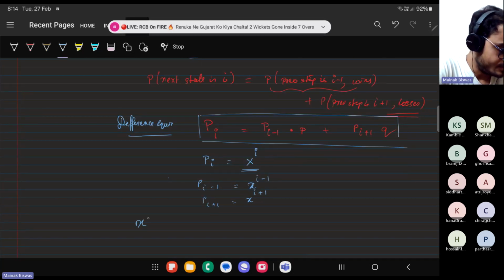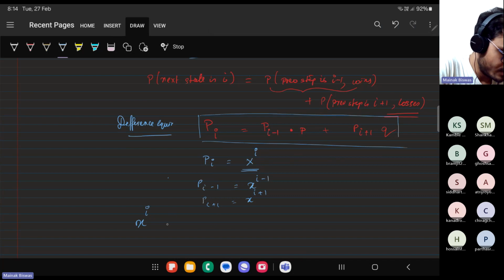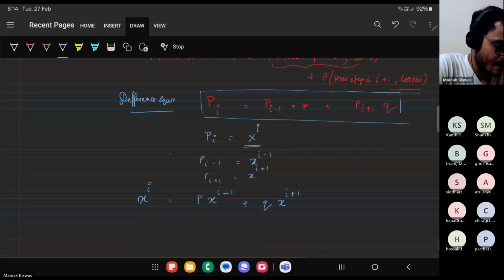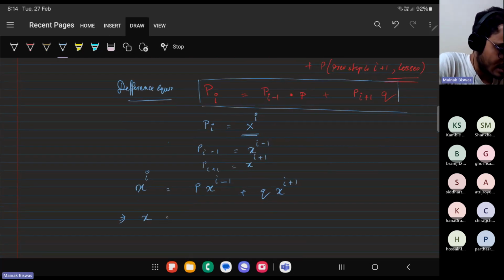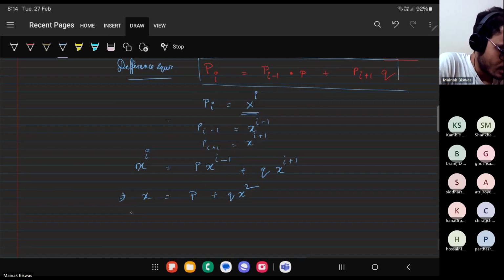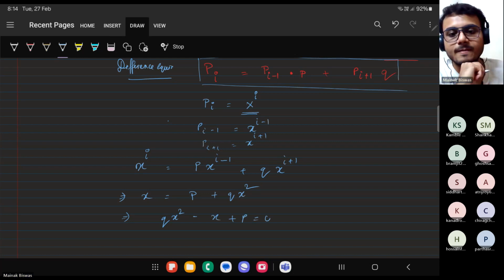Therefore, I can write x to the power i is equal to p into x to the power i minus 1 plus q into x to the power i plus 1. Or in other words, x is equal to p plus q x square, so you get a quadratic equation, q x square minus x plus p equal to 0. Right?